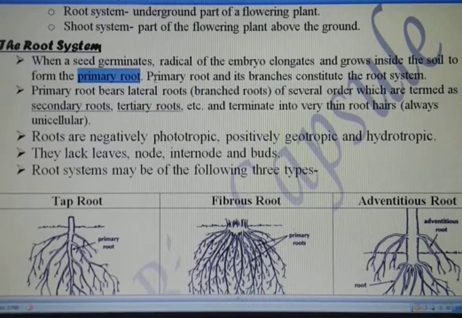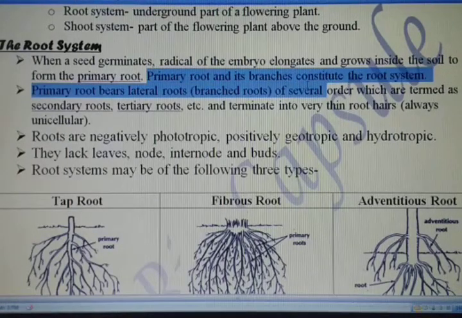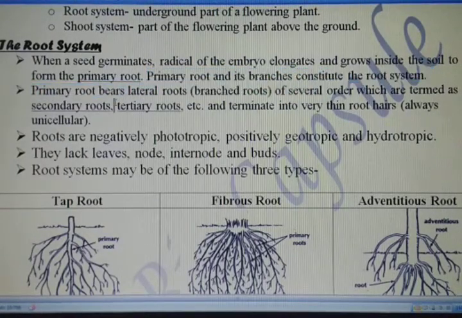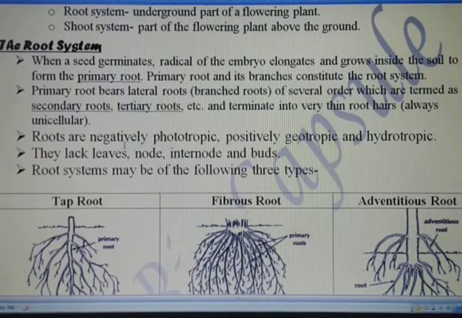Later on, this primary root develops branches which form secondary roots, tertiary roots, and later it terminates into very fine hair-like structures called root hairs. These root hairs are actually unicellular, made up of only one cell. It has only become elongated in the shape of a hair-like structure.